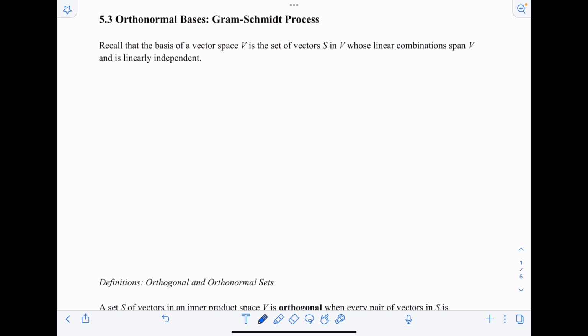That's a basis. So as an example, and this was a common one that we saw, in R3, we could say that it has the basis, we'll call this basis B, made up of the vectors (1, 0, 0), (0, 1, 0), and (0, 0, 1).